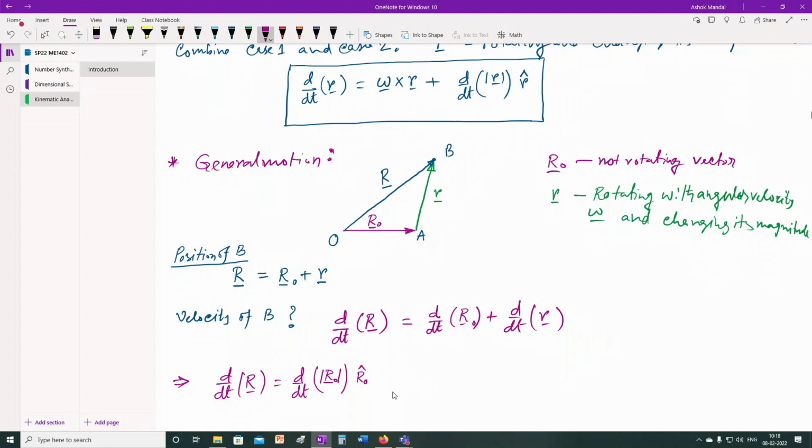Okay. Now let us do the second part. Tell me, what should I write? Omega cross small r plus d by dt of the magnitude in the direction of small r.